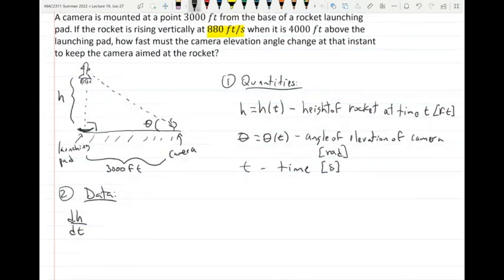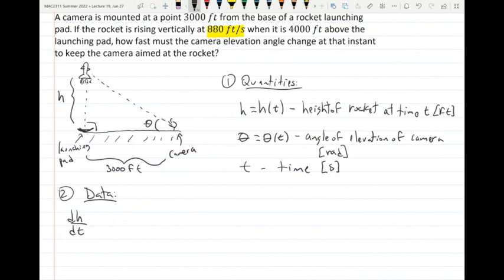Now, is this constant? In other words, is dH/dt equal to 180, or is it 180 at a given moment in time? You have to read carefully. Notice that it's not telling you that it's rising at this speed all the time.